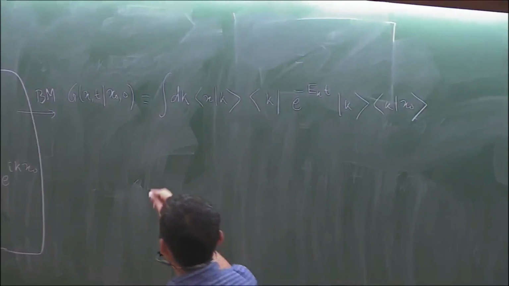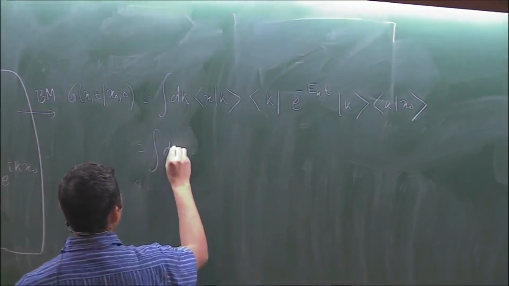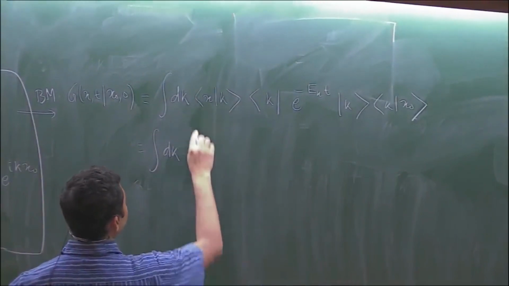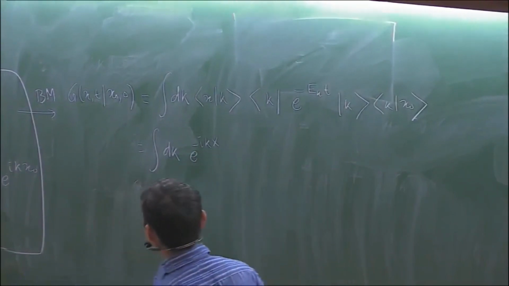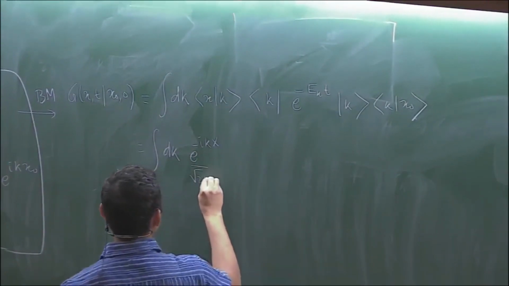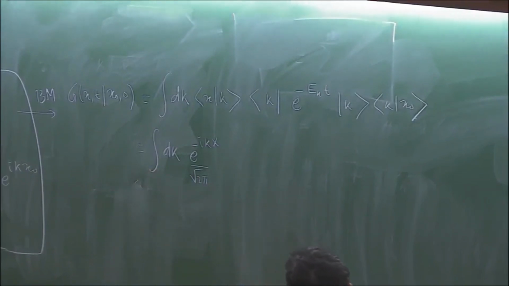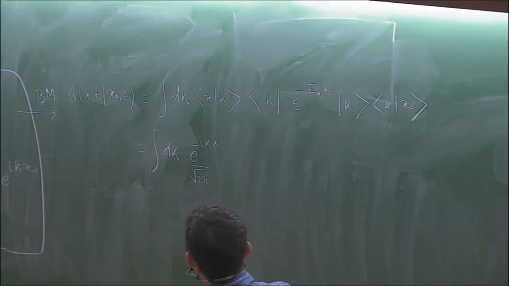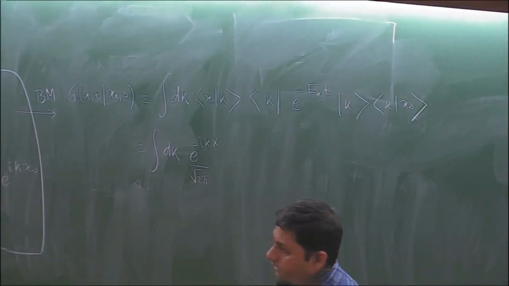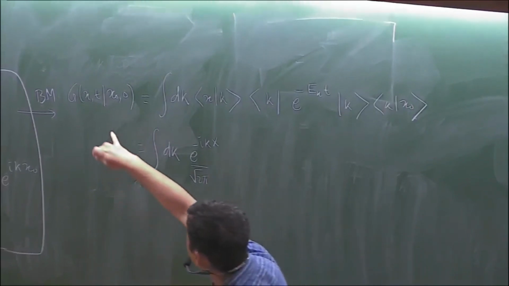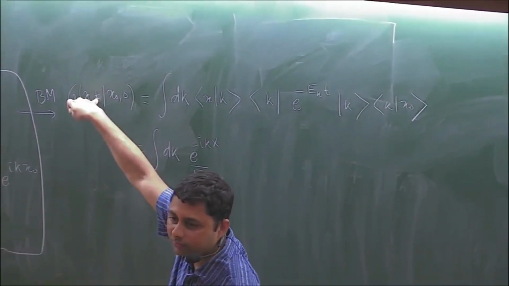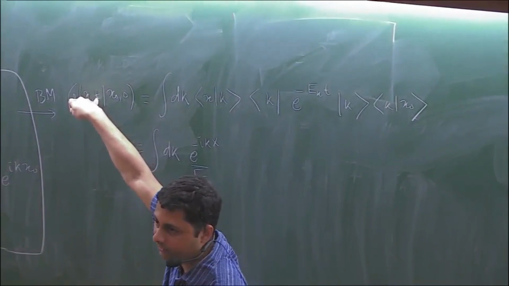So what is this object? dk. So what is this one? e to the power minus i k x by square root of 2 pi. And why do you need this square root of 2 pi? Normalization, because if you put t equal to 0 here, that should become delta x minus x naught, right?